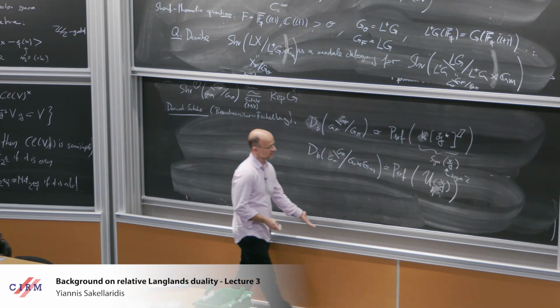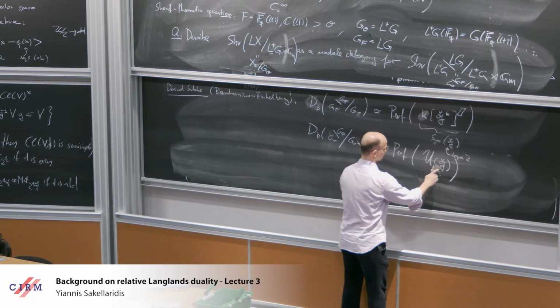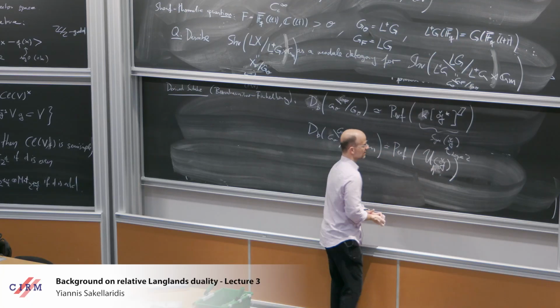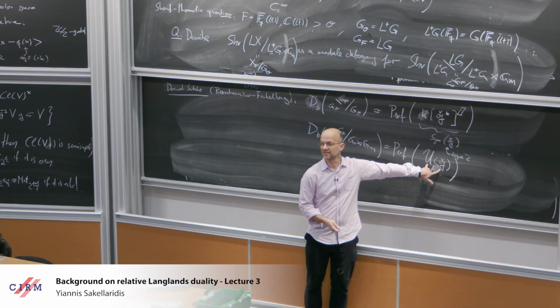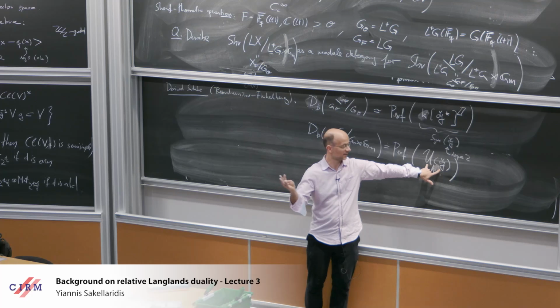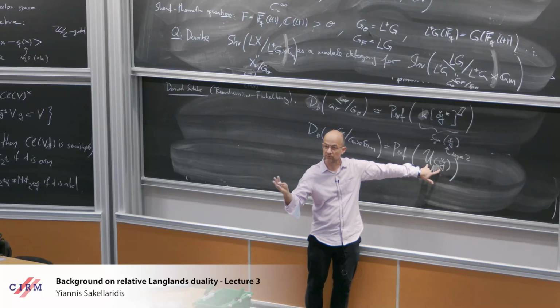So this is the Rees family coming from the filtered algebra U(g). If you have a filtered algebra, you have a continuous family where you deform it to its degeneration.